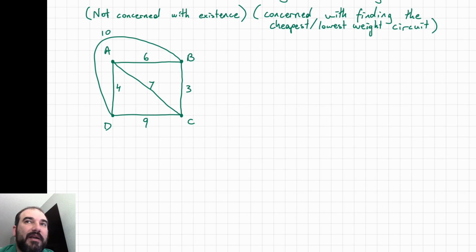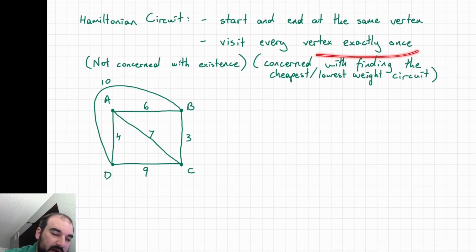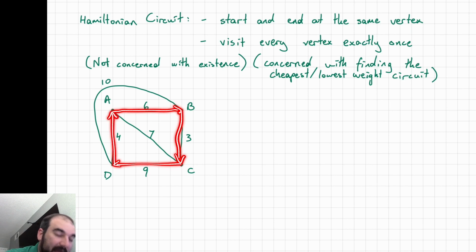You can think of these as the cost of a flight from one city to another, or how much gas you use to drive from one place to another. These are going to be costs for using those edges. So if I'm going to start at a vertex A and travel around this graph, and I want to visit every vertex exactly once, I could go A to B to C to D and back to A, but there will be a total cost associated with that.